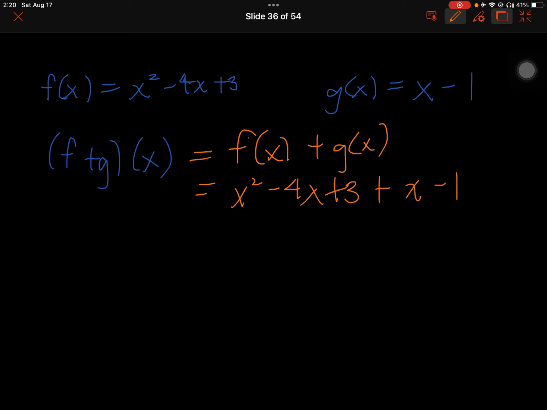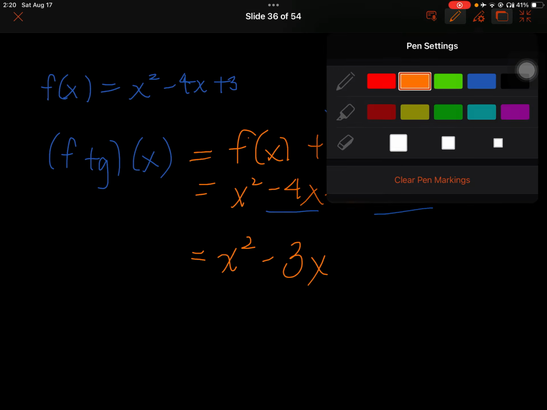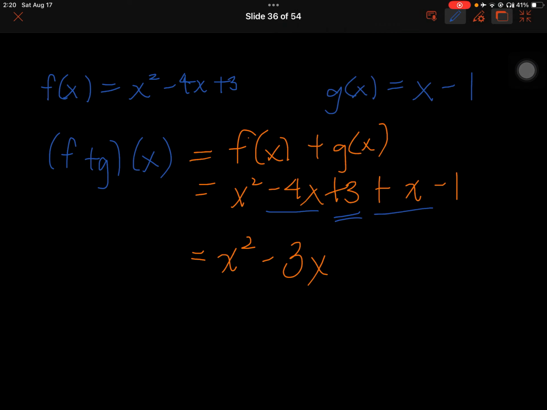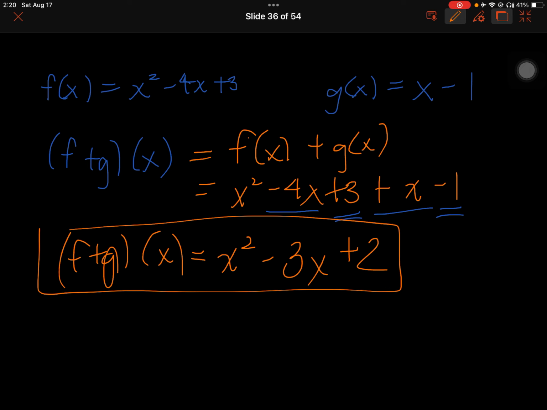So simplify, combine the like terms. This is x squared. Then negative 4x plus x is negative 3x. And positive 3 minus 1 is positive 2. So f plus g of x is x squared minus 3x plus 2.